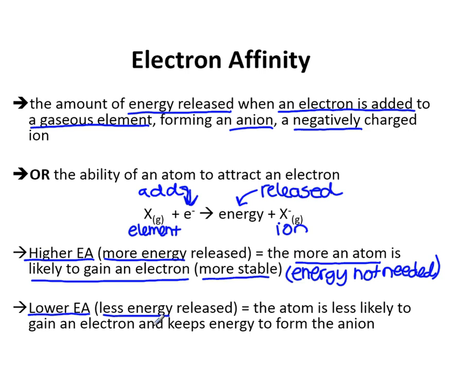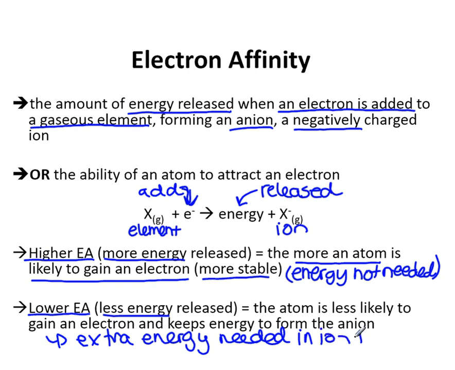It would rather give it away, but if it's being forced to do that, it's saying, well, if I have to keep it, I need extra energy to be happy. So this means extra energy is needed in the ion to be stable, so it only releases a little bit.